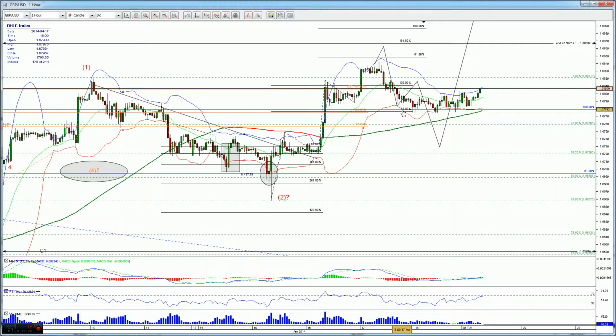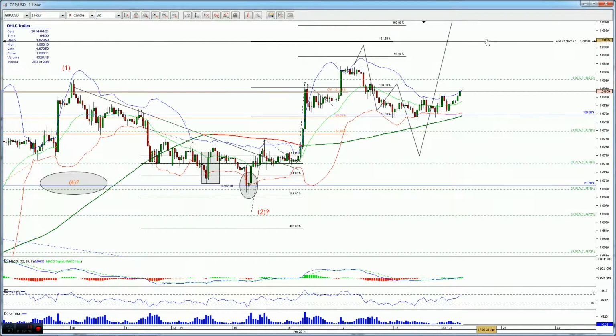And the market went to the downside. But should this market try to reverse at this level here, around this FIBO 161.80, I may consider it as the end of this impulse.